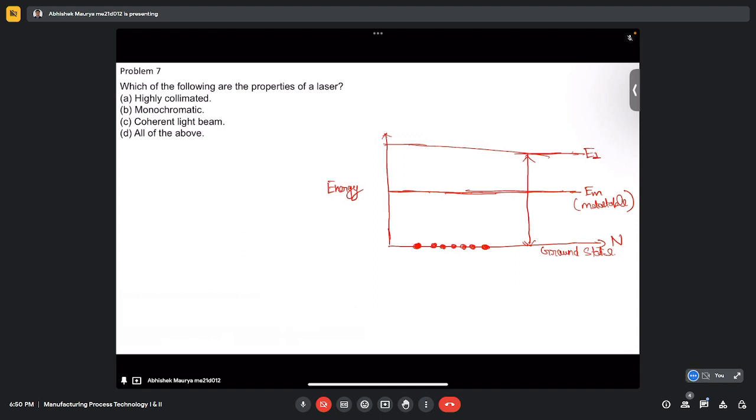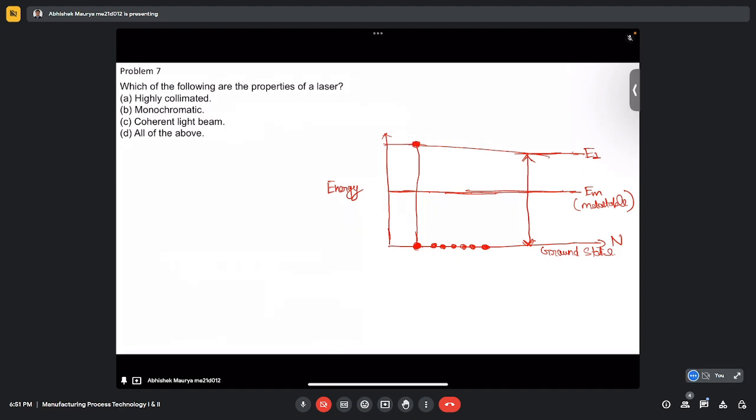If we are providing energy equal to this, then the electron will go to the excited state E1.